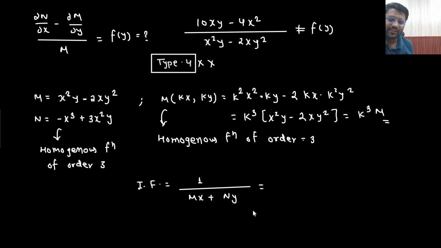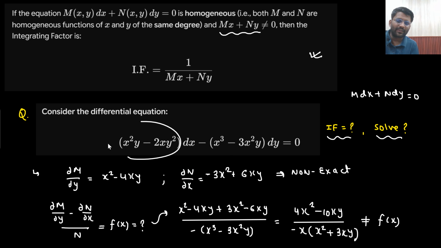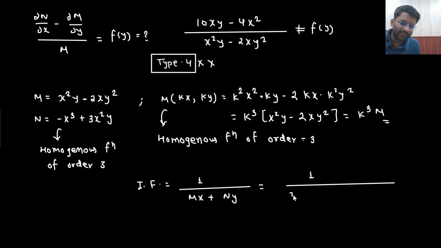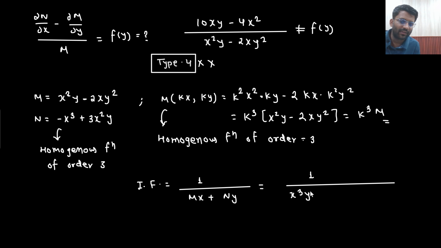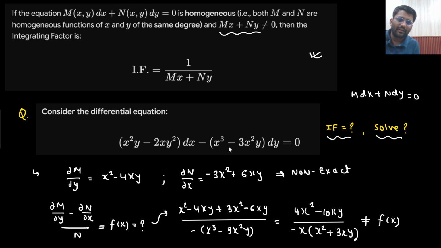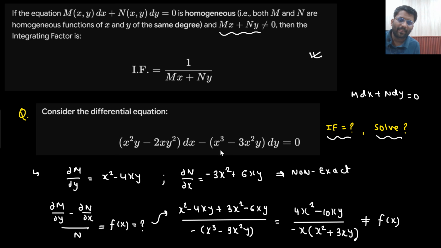Okay. So what is the value of M into x plus N into y? M will be multiplied with x, so what you will get: x cube y minus 2x square y square. Then N into y: minus x cube y plus 3x square y square.